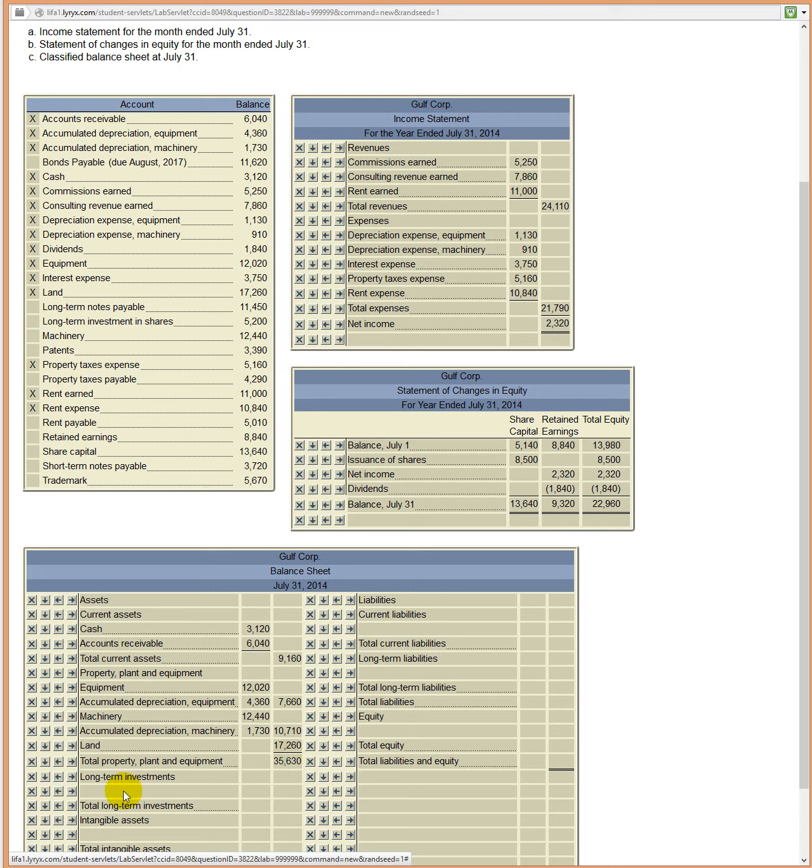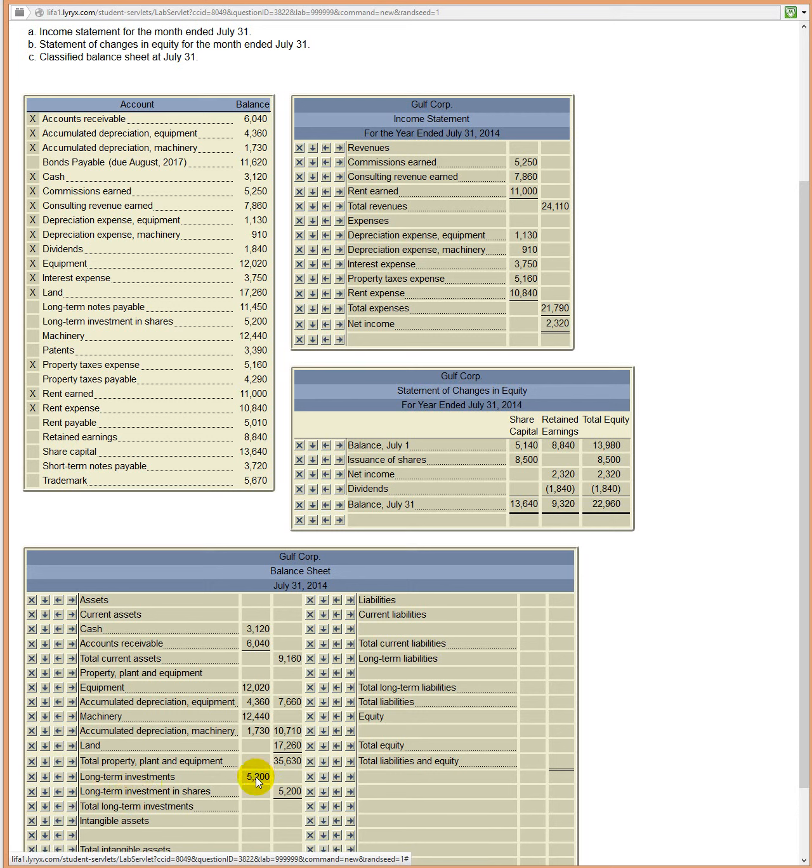Okay. Long-term investments, we have one account, long-term investment in shares, and it was 5,200, which of course is also going to be the total long-term investment in shares.